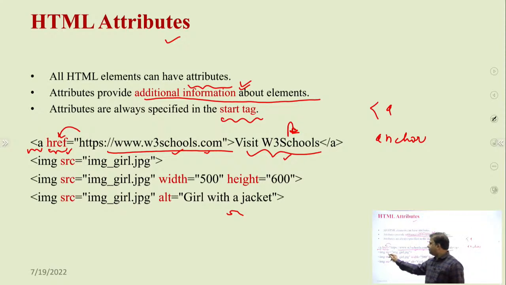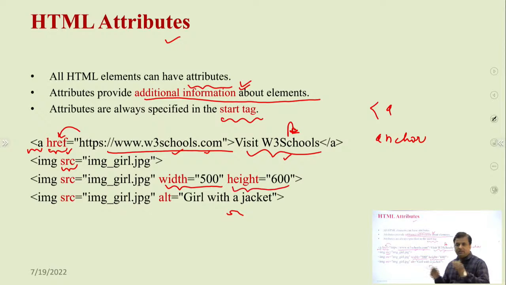Similarly, img src, that is the image source. Similarly, there is additional information, the width and height, with which we can specify the size of an image, right? Suppose we have this image only up to this, so it will publish the exact image which you have, but I want to change the size of this image as per my web page requirement.